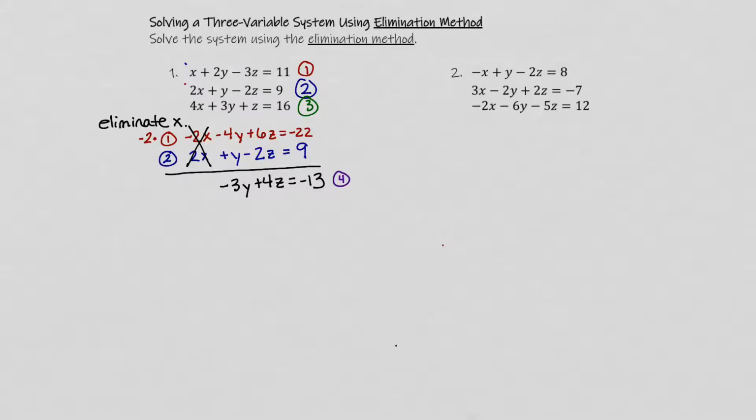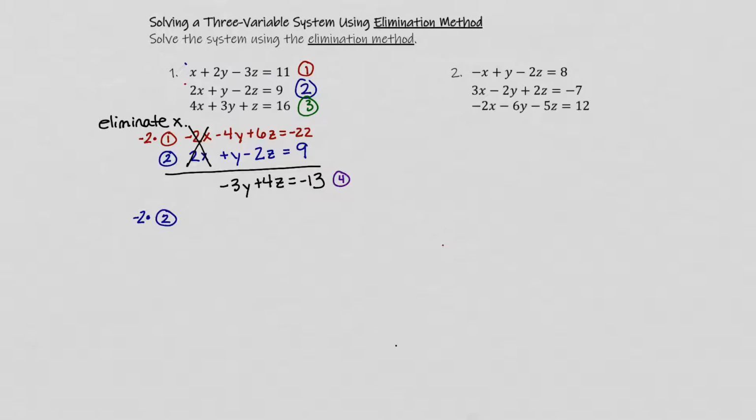But I'm not done eliminating x yet. I need to do something now with the 3rd equation to get rid of x. I just need to pick one of the other 2 equations. It doesn't matter if you pick 1 or 2. I'm just going to pick 2 because then I can multiply by a smaller number. If I take equation number 2 and multiply it by a negative 2, that gives me a negative 4x, and a positive 4x added together will cancel out, eliminating x.